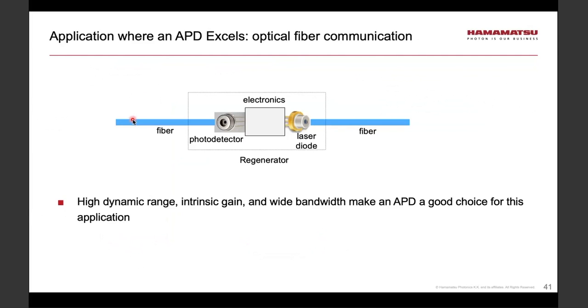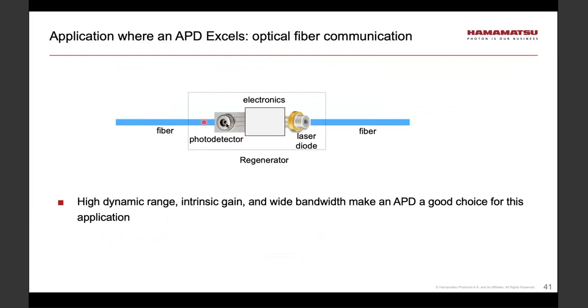Now let's look at APD, avalanche photodiode. Here's an application where it is a good choice. This is a regenerator. We have an optical fiber in which a light signal propagates, but it's weak.